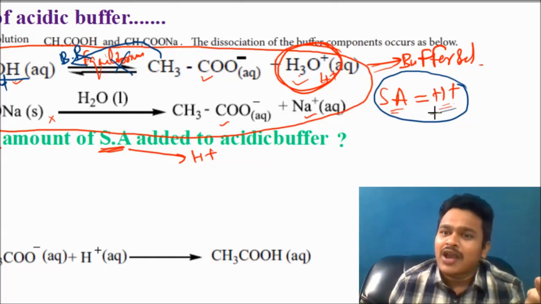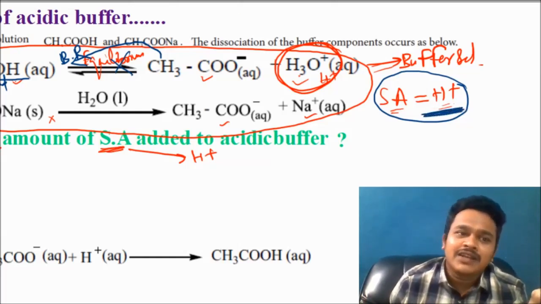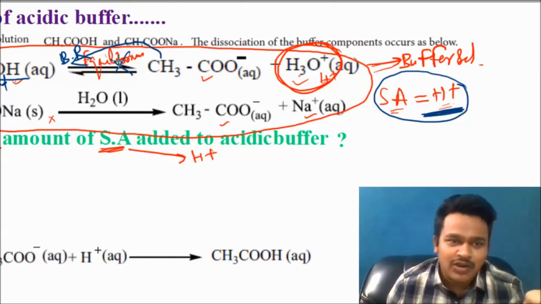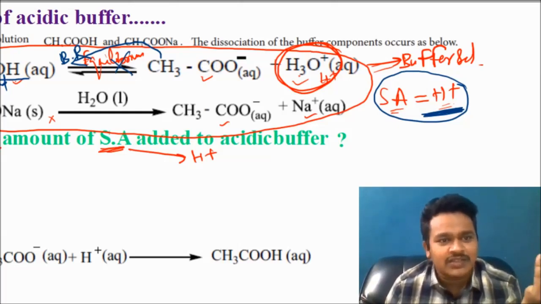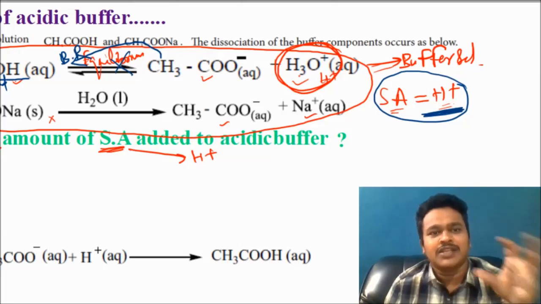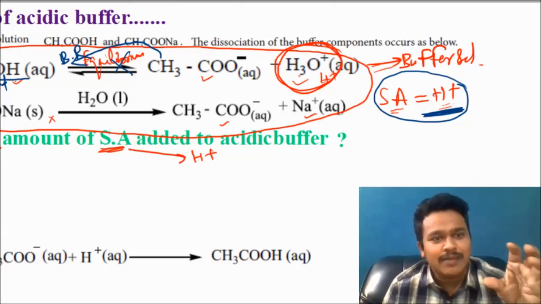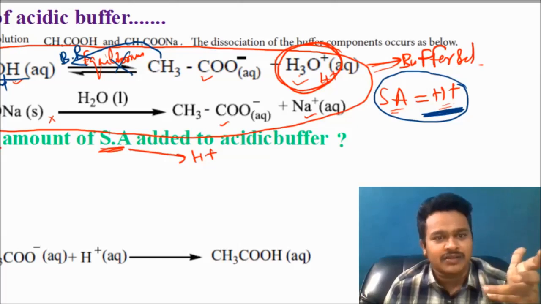The strong acid I am adding finally becomes an unionized weak acid. If the weak acid ionized, then only the H plus ion effect would be there. It is unionized, so there is no effect. That is why there is no change in the pH value. This is the concept. The same concept we are now writing in the form of an equation.